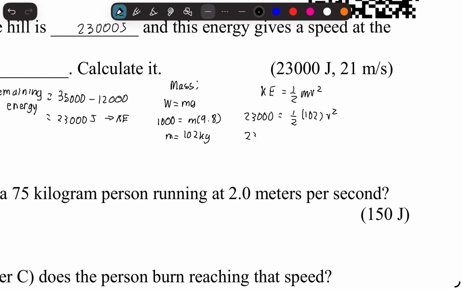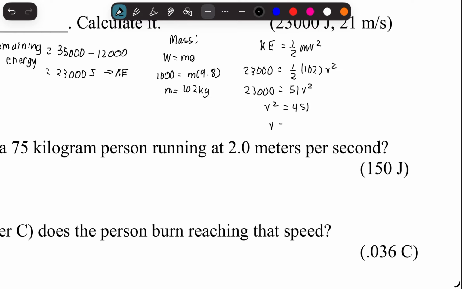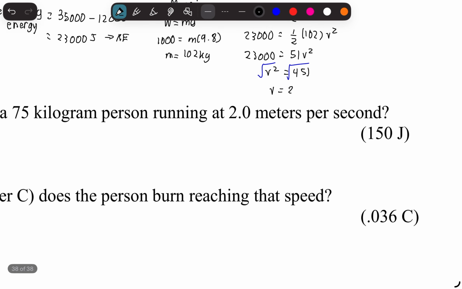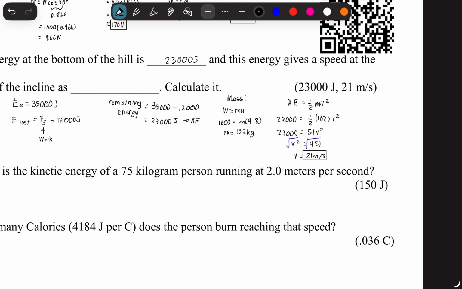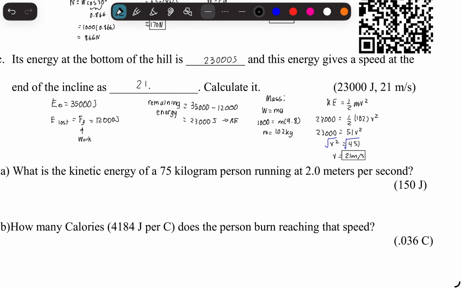So we're going to have 23,000 = 51 v squared. V squared is going to equal 451, dividing both sides by 51, and taking the root of that, v is going to equal 21 meters per second. 21 meters per second is the speed at the bottom of the incline.